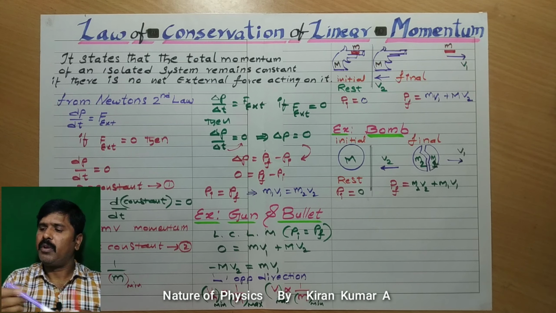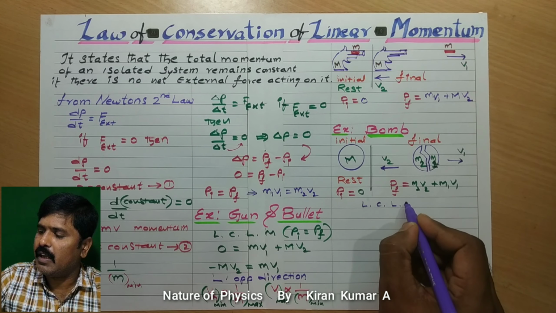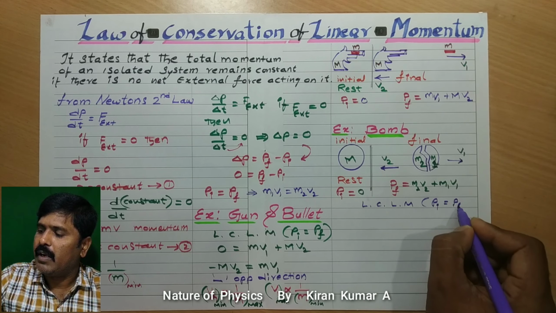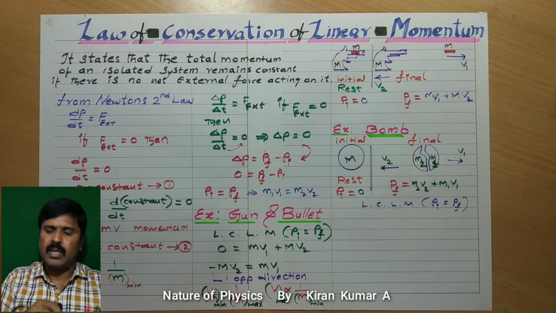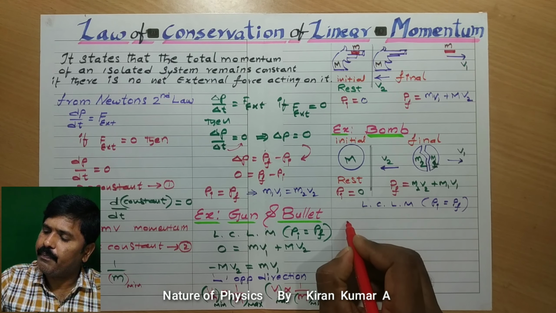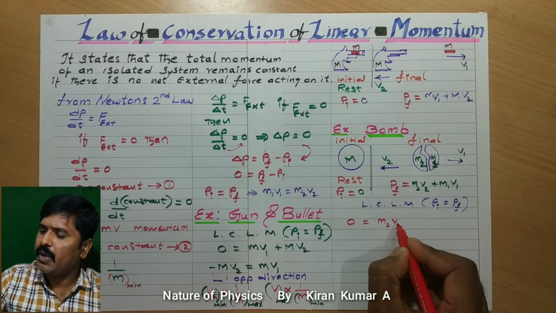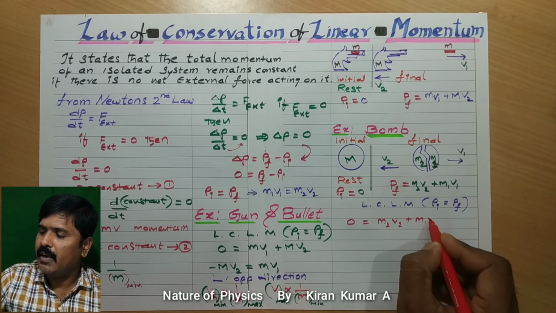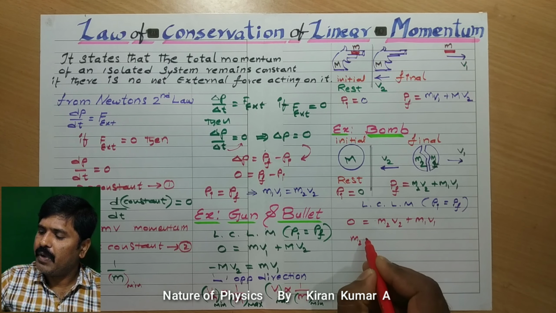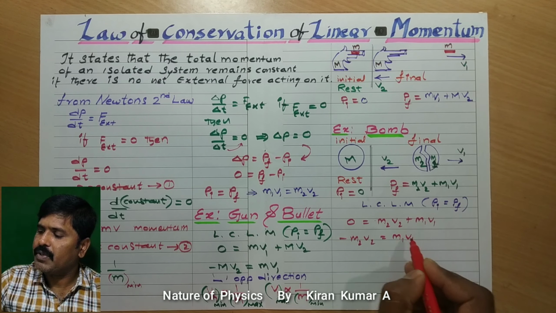Now I am going to write the law of conservation of linear momentum. Initial momentum is equal to final momentum, students. So replacing the values, initial momentum 0 is equal to final momentum m2 v2 plus m1 v1, students. In the same way, m2 v2 with minus is equal to m1 v1.